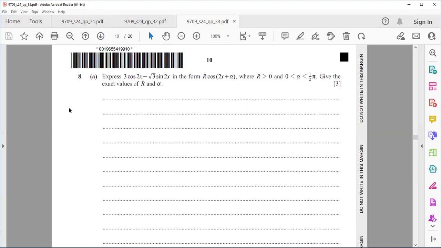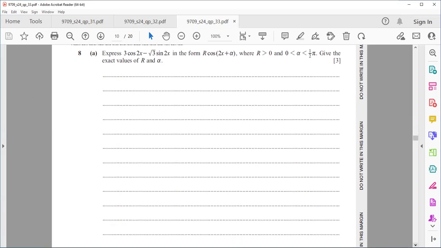In this question, we have 3 times cos of 2x minus root 3 times sine of 2x in the form of r times cos of (2x plus alpha), where r is greater than 0 and alpha lies between 0 and pi by 2. So I have to express this. Yesterday I explained that in these questions where we have one form and we have to express it in a second form, there are some rules, because this question belongs to trigonometry.